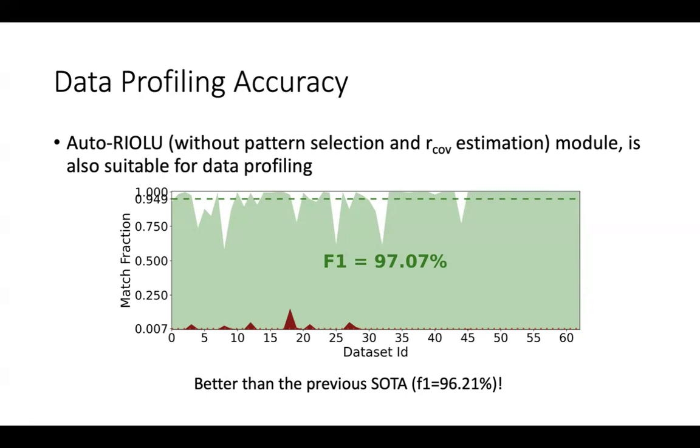The false positive rate and false negative rate are also very low, so it performs well, and it is even better than the previous work, Flash Profile. It has a higher F1 score, showing that it is efficient in both data profiling and data anomaly detection.